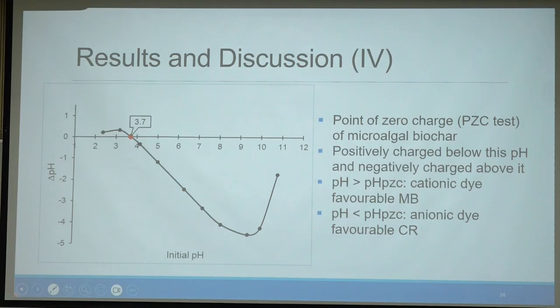That means it can attract the cationic dye, which is the methylene blue group. If the pH is less than 3.7, the biochar has a positive charge, which is suitable for the anionic dye, which is favorite for the Congo red color. This one is the methylene blue color. This one is not.